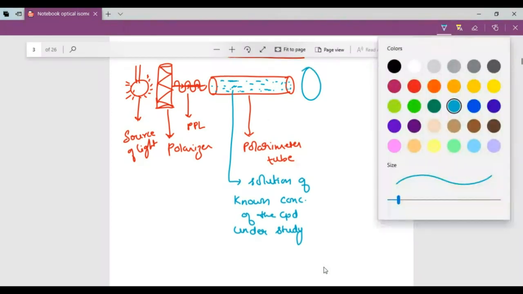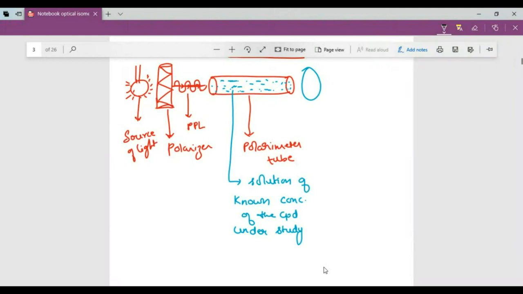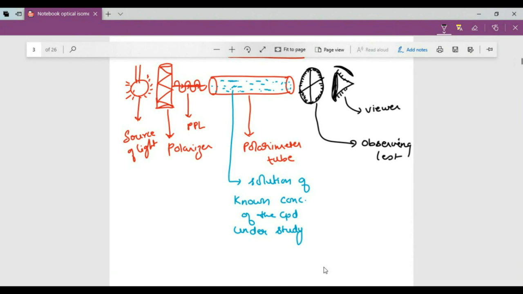Okay, now after this there is an observing lens. The observing lens has proper gradations and markings, and here is the viewer.